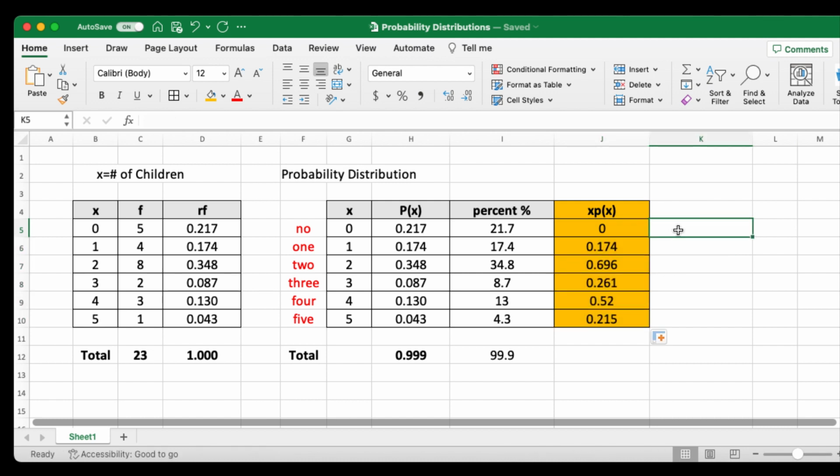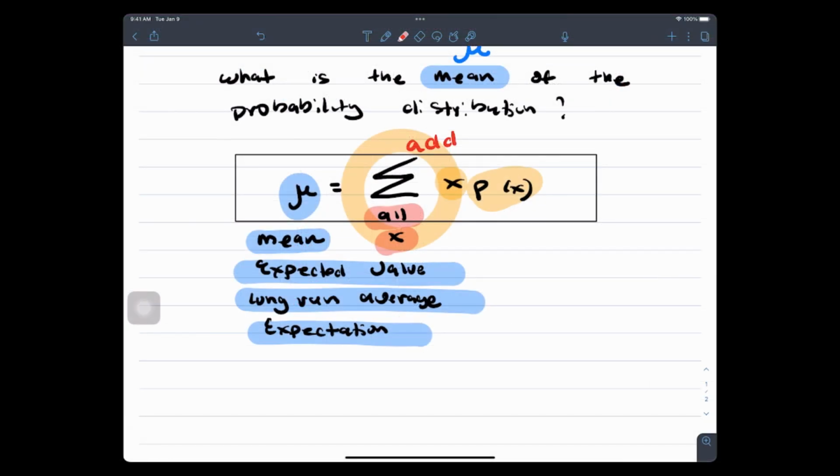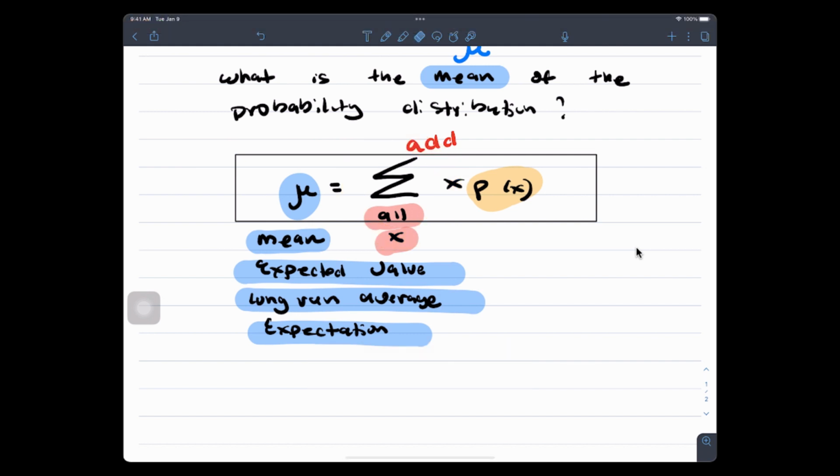So that's what they're talking about when I say this to you. Going back to the iPad, you're looking for all of this right here in orange.